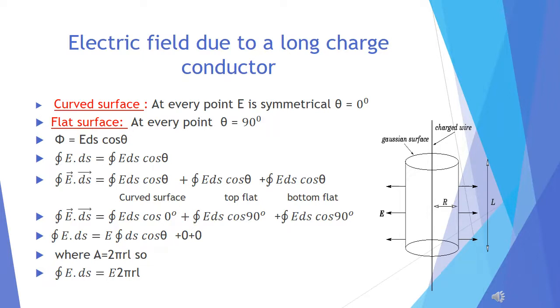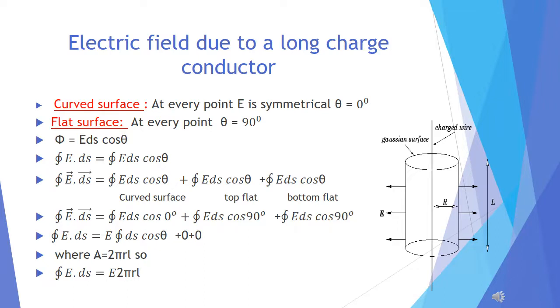First, point P lies on the surface where the electric field at every point of the curved surface is symmetrical. Theta at every point of the curved surface is 0, and at every point of the flat surfaces it is 90. Now second, we have to apply Gauss theorem, which tells us that closed integral E dot dS equals closed integral E dS cos theta.